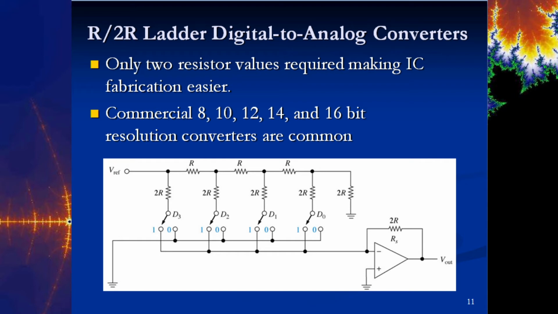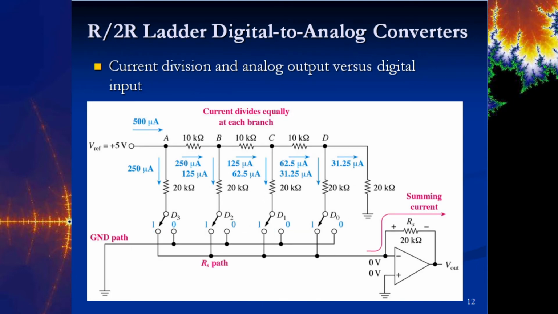As you can see here, commercial 8, 10, 12, 14, 16-bit resolution converters are common. So it's still playing off that same principle where we get to sum all of these branches together and send them through the feedback resistor and have a voltage change based on that. And just for further clarification, here are some of the markups that Kleitz has done.